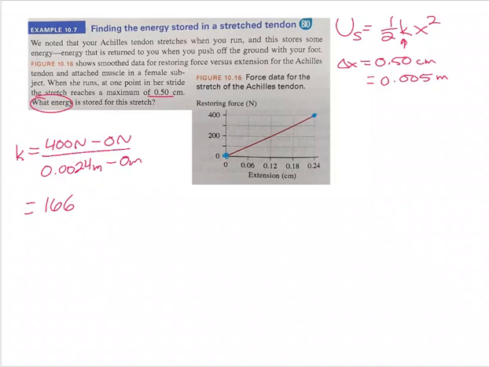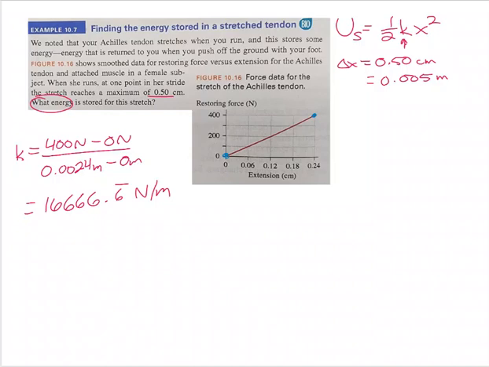There's no way that's huge. 16,666. What do you get? 16,667. Yeah, 16,666. Oh, 0.6 repeating, right? Yeah. Now the units will be newtons per meter. Okay, so we have our k.